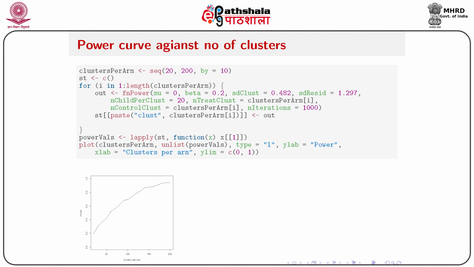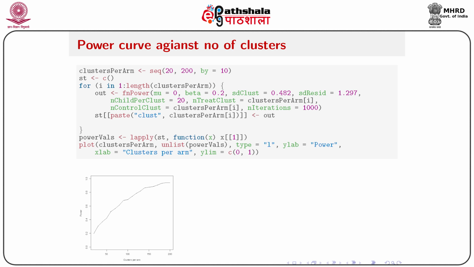Now the power curve can be generated. You can calculate the power curve here. Say take the sequence from 20 to 200 by 10. I just took an interval of 10, but you can take 1 or 2 to get a very smooth curve, though that might take a long time depending on the speed of the machine.